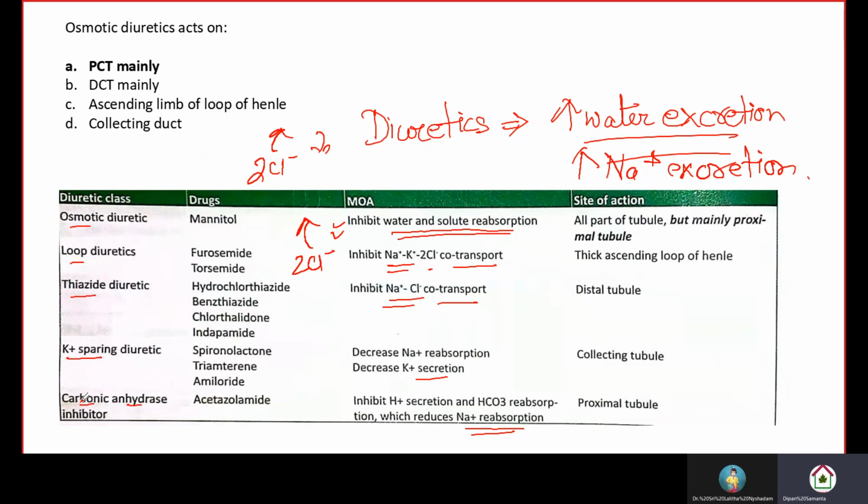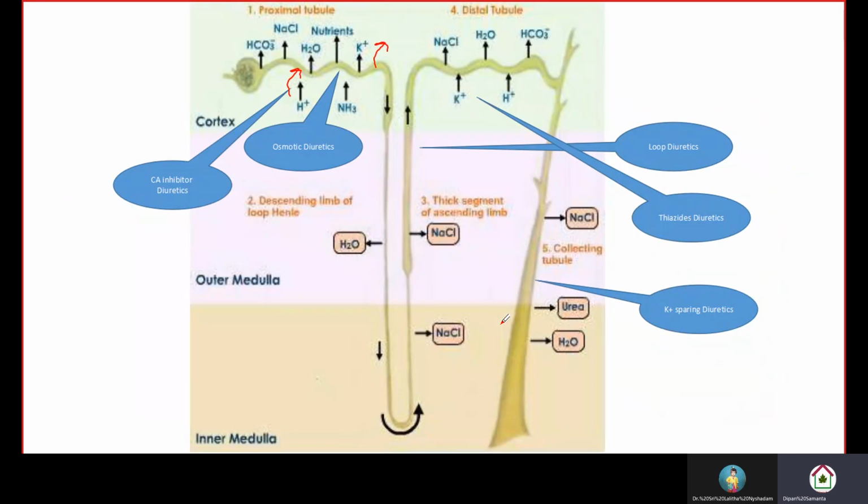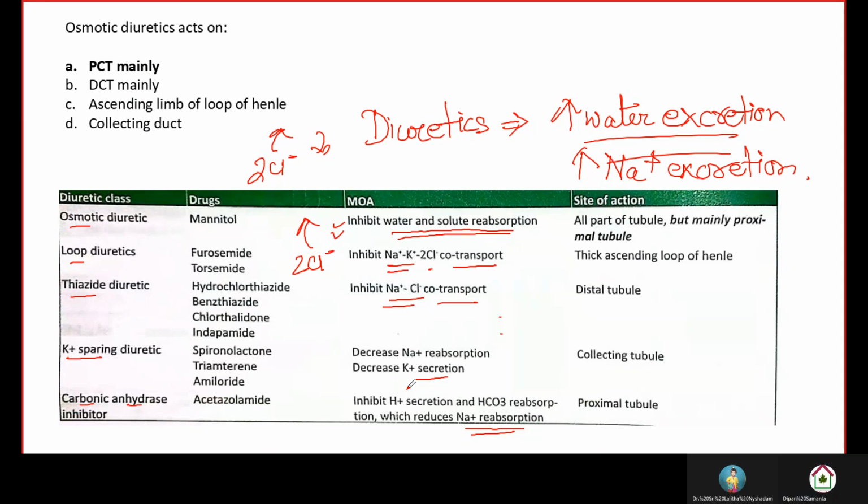So that means potassium sparing diuretics allow sodium to remain inside the tubule so that it can be excreted by the urine. Okay, and carbonic anhydrase inhibitors inhibit H plus secretion and HCO3 reabsorption. Ultimately this reduces the reabsorption of sodium, letting the sodium stay inside the tubule in order to excrete the sodium ion.